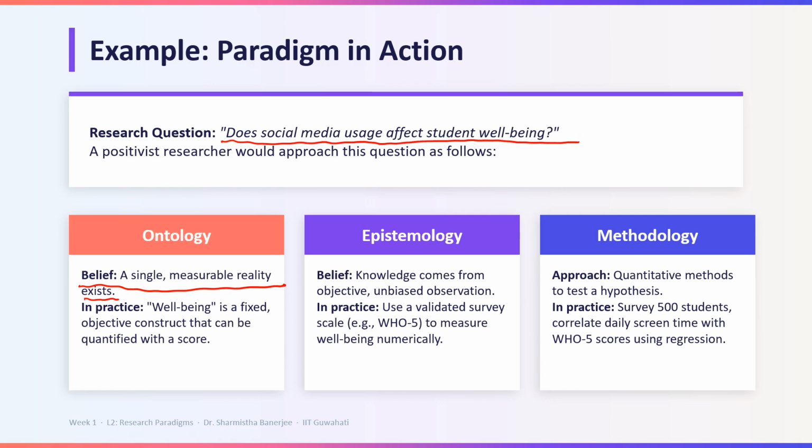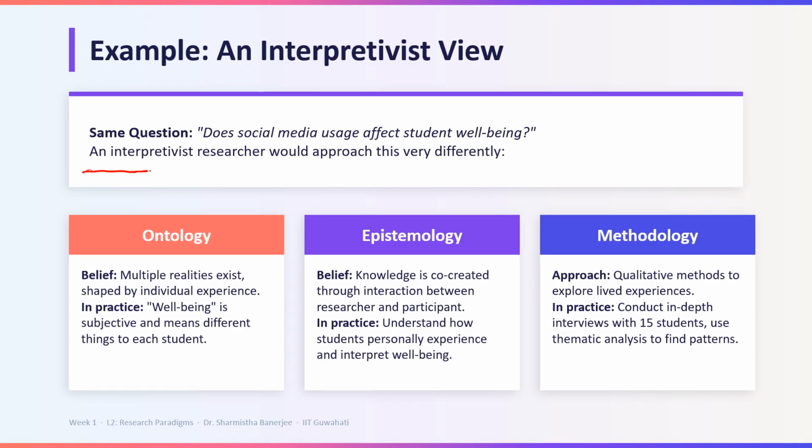Now, if I take the same research question and go for an interpretivist approach, an interpretivist researcher will look at it differently. Their belief is that multiple realities exist and are shaped by individuals' experiences. So how do we put it in practice? Well-being is subjective and means different things to each student.